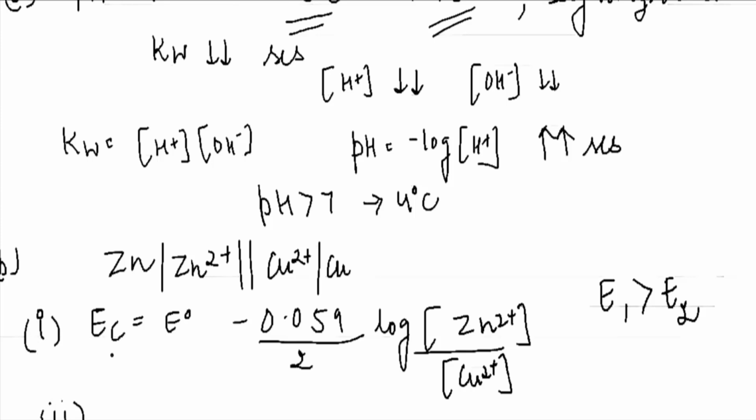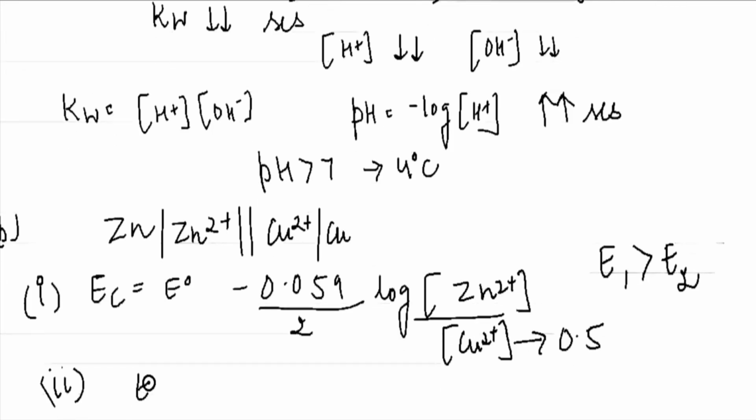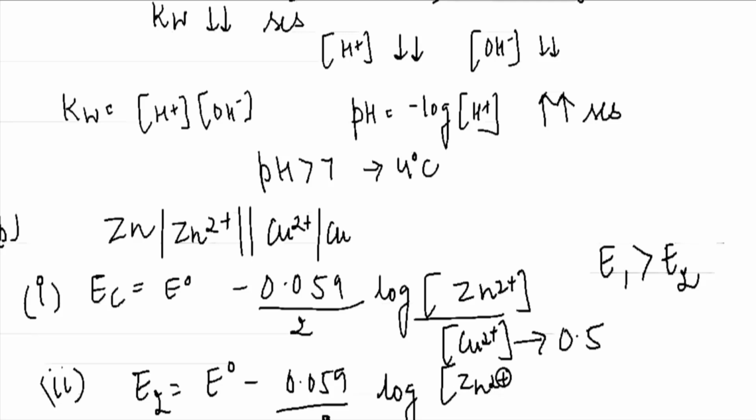Now for the second case, we have a 0.5 molar concentration given to us. So instead of Cu2 plus, we will write 0.5 in the first case. In the second case, we will keep the value unknown. So E2 will be E naught minus 0.059 divided by 2 log of the concentration of Zn2 plus over the concentration of Cu2 plus.